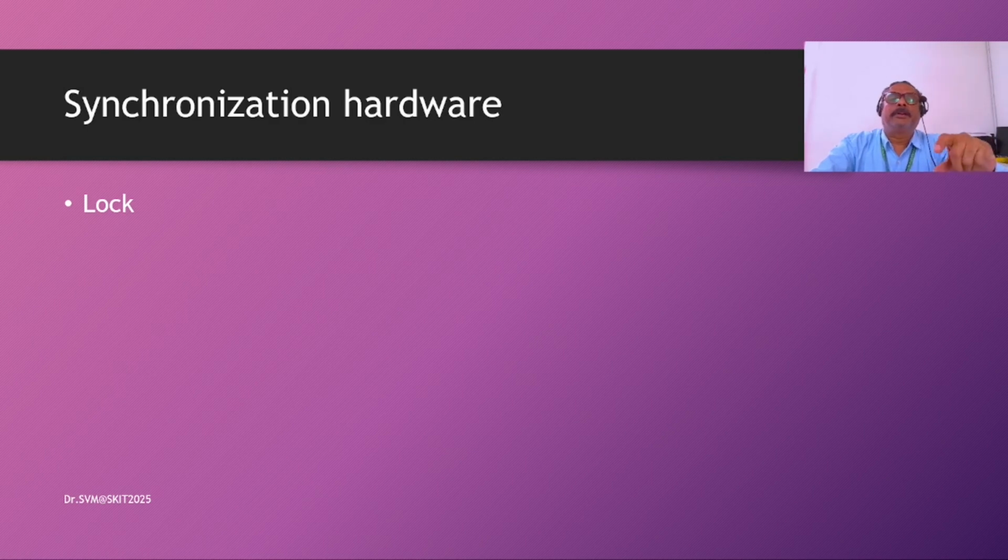The processor itself is designed such that some special features are given, which we call a lock, and when we work with the lock, the operations we perform are atomic in nature, and that makes things easier.